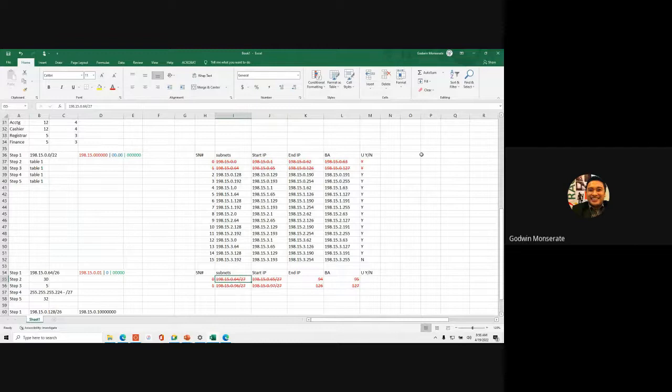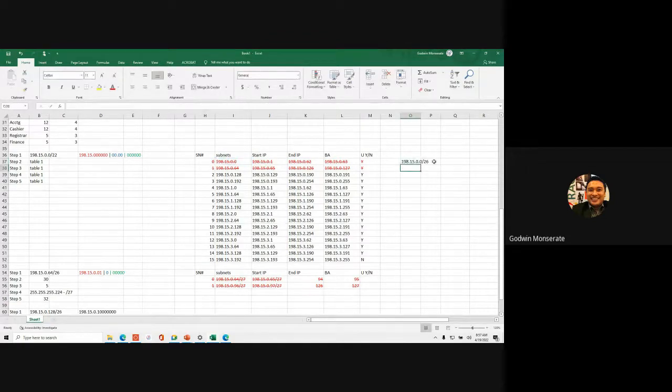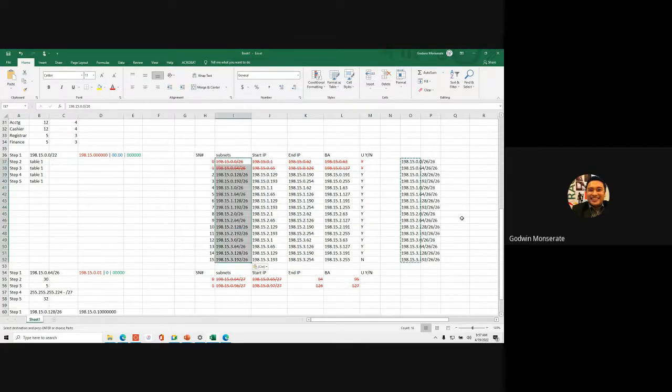We will replace this so it becomes /26, using the ampersand and text, then close. There you are. All of them are now /26. Am I correct? Let's copy this and paste it here. The values, there you are.